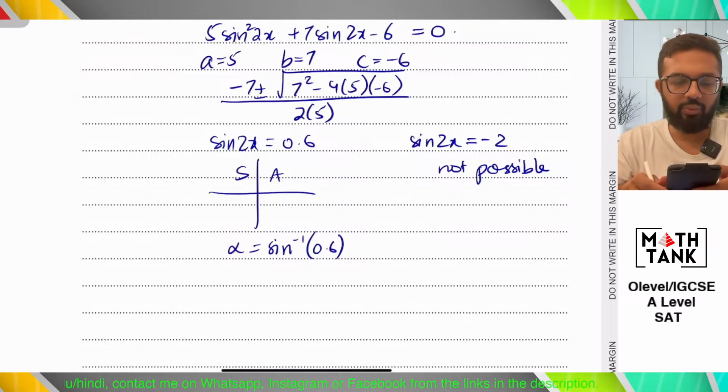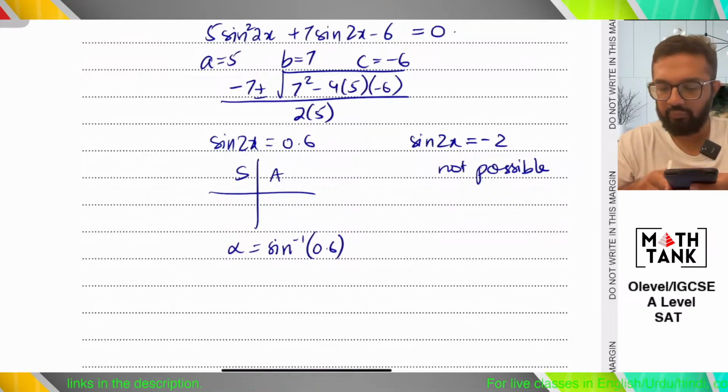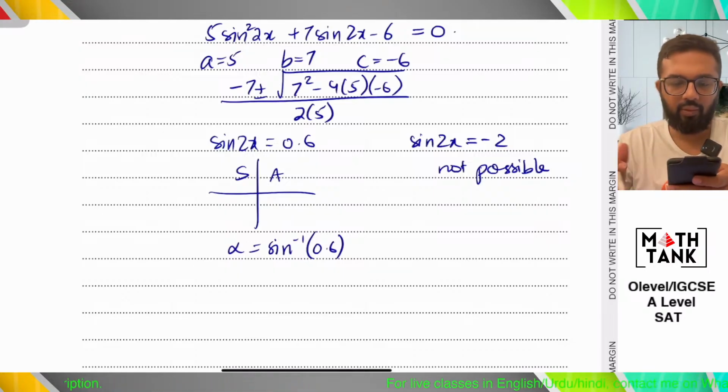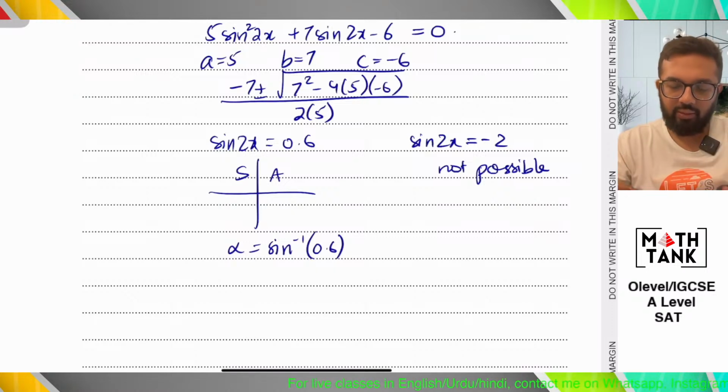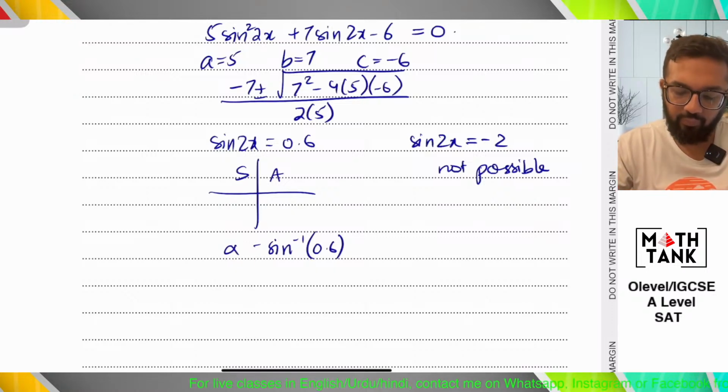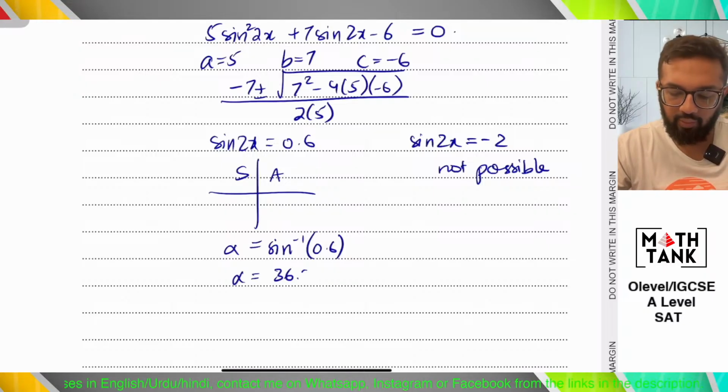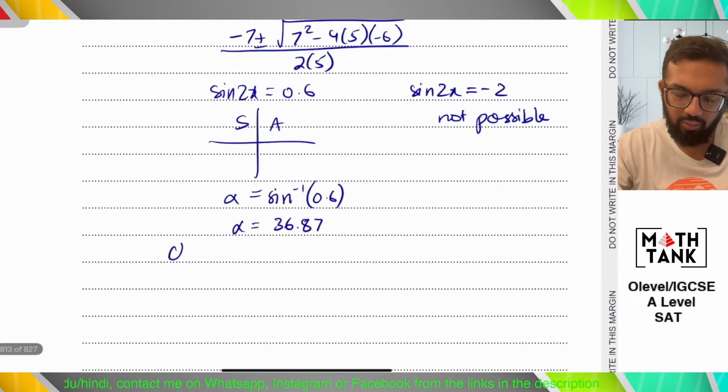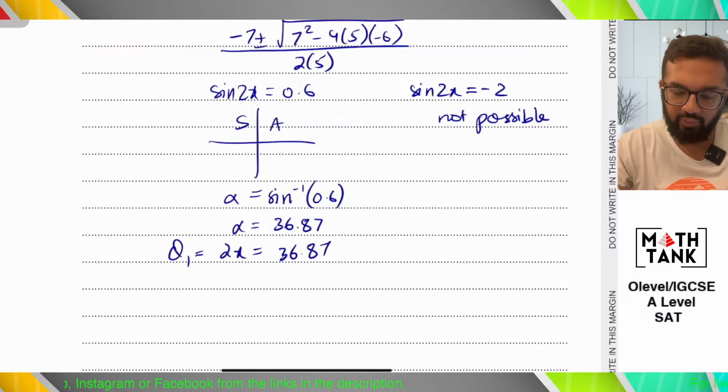I think I need to go into degrees now. 36.87. Quadrant 1, 2x equals to 36.87.